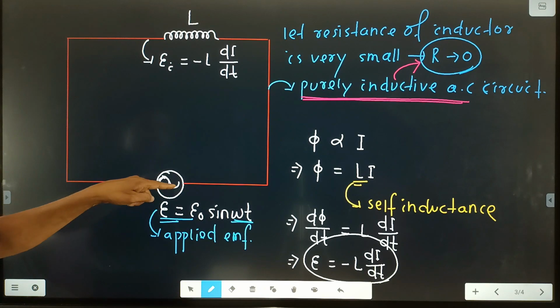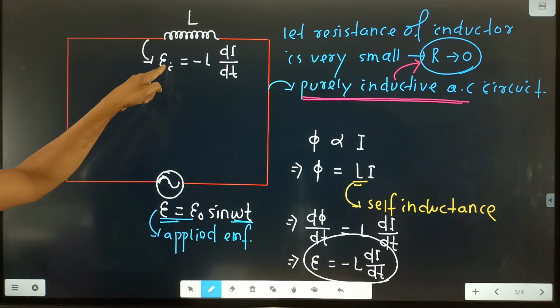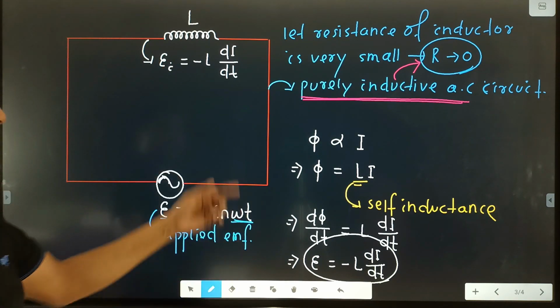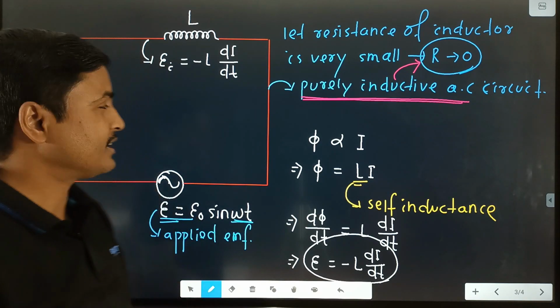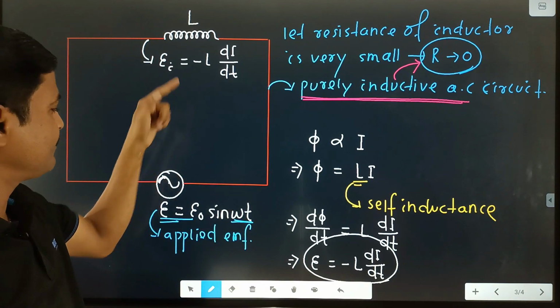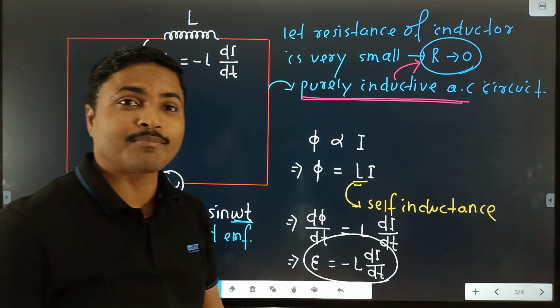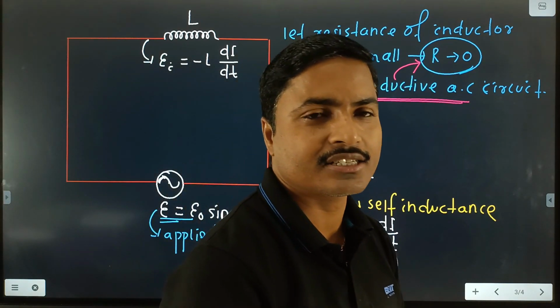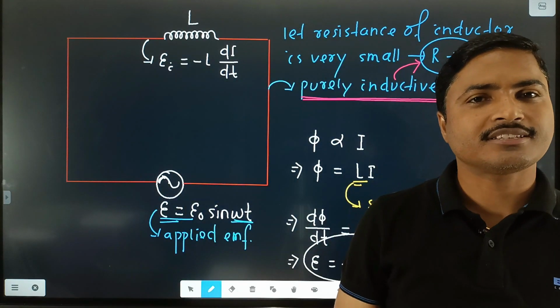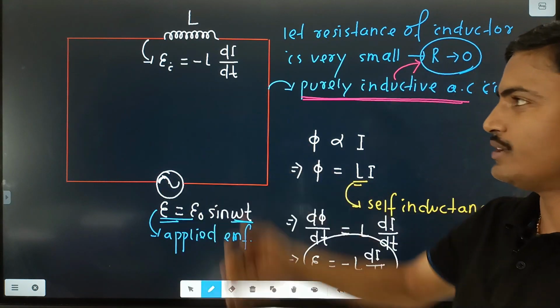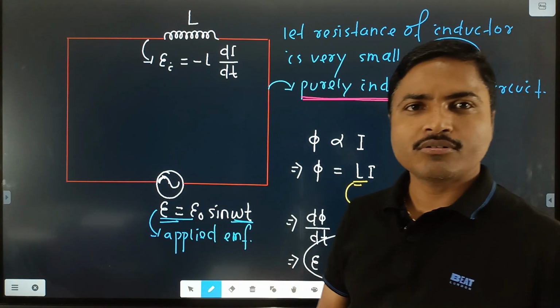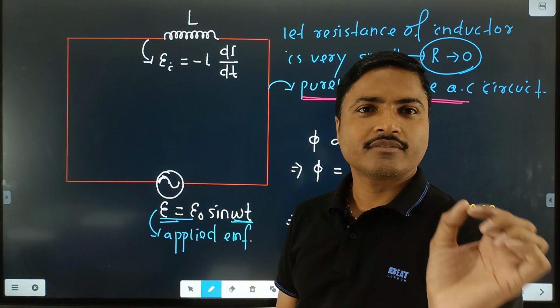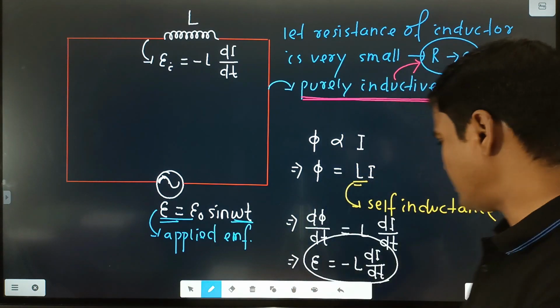That means two EMFs are there. One is the applied EMF and this one is the induced EMF. Here a negative sign is there. That means the direction of this induced EMF is just opposite to the applied EMF. We get this from Lenz's law. And you know this in the chapter electromagnetic induction. Clear?